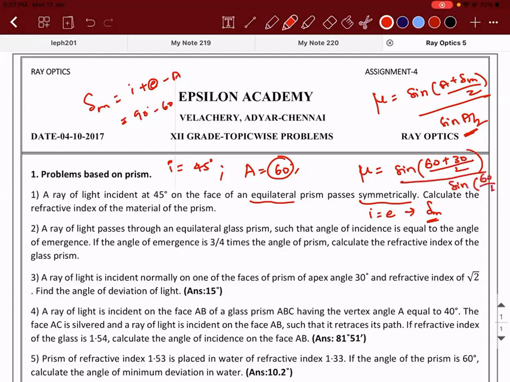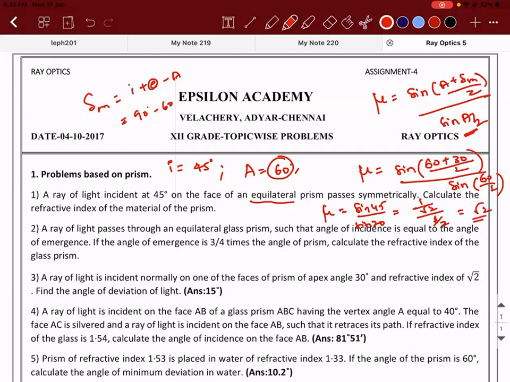A by 2 is 60 by 2. So sine 45 divided by sine 30. So how much is it? Mu is equal to sine 45 divided by sine 30. Sine 45 is 1 by root 2. Sine 30 is half.